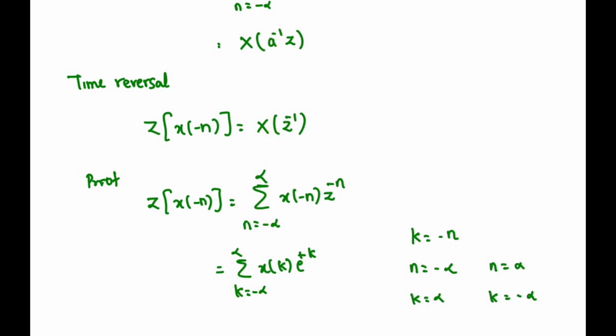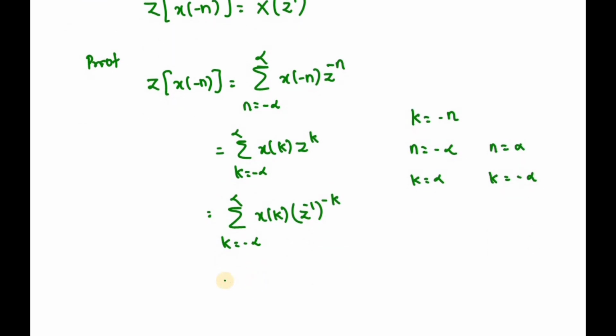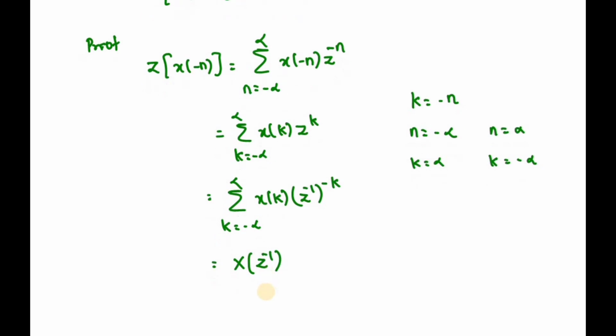So this I can write as summation k equal to minus infinity to infinity x of k into z power minus 1, the whole power minus k. So this is similar to X of z power minus 1. So hence it is proved.